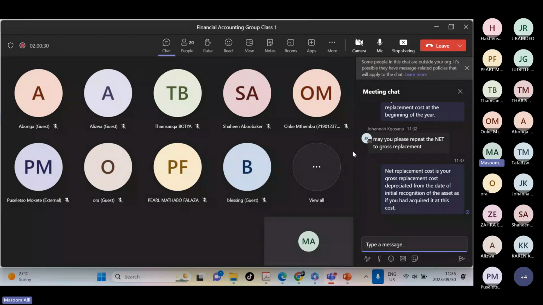Now, let's say you get a revaluation that is done at the end of the year, right? Remember I said that if we do a revaluation at the beginning of the year, that net replacement cost divided by the remaining useful life at the beginning of the year will give us our depreciation for the year. We get to our carrying amount, we're done. It's very simple, right? What happens if we revalue the asset at the end of the year?